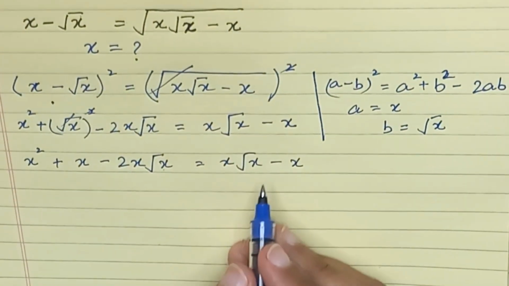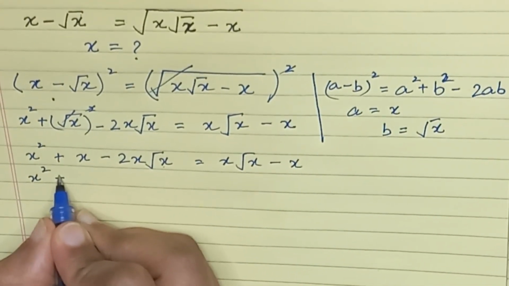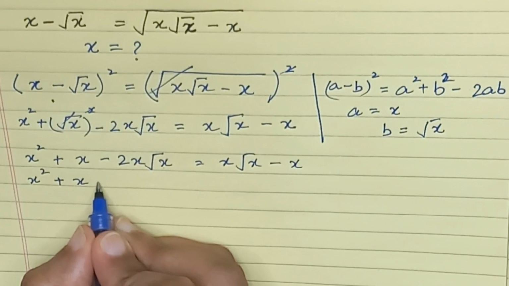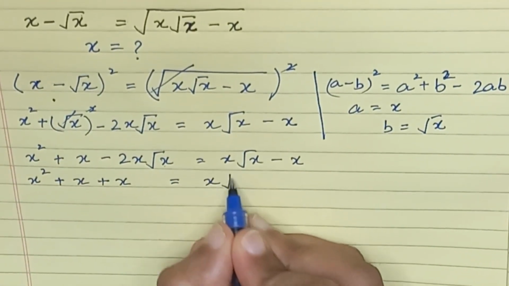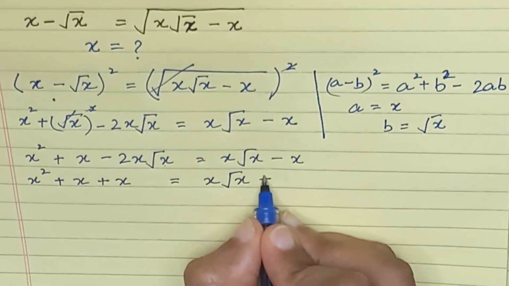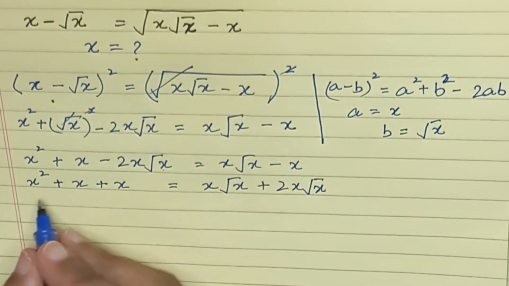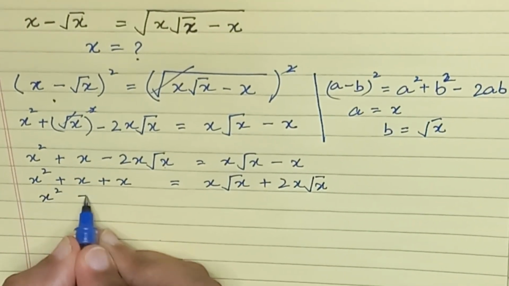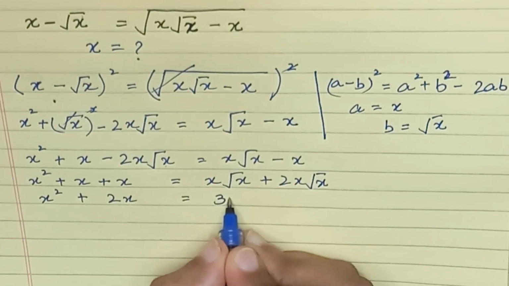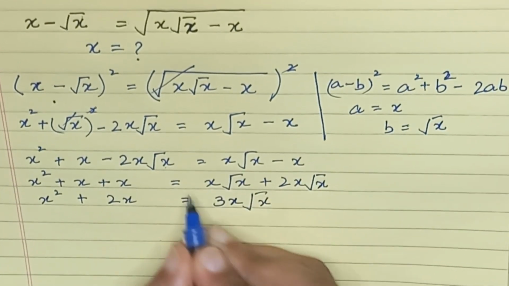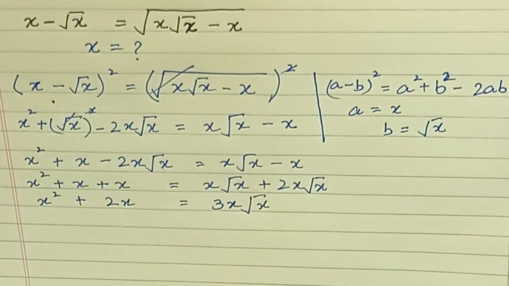Now from this equation we will combine like terms: x square plus x, and this negative x will become positive x, and x square root of x plus 2 times x square root of x. So x square plus 2x is equal to 3 times x into square root of x. Here there is no coefficient, it means 1 plus 2 is 3.